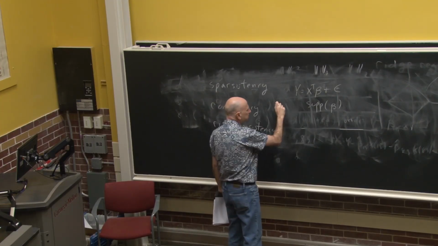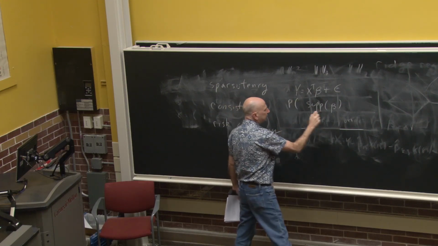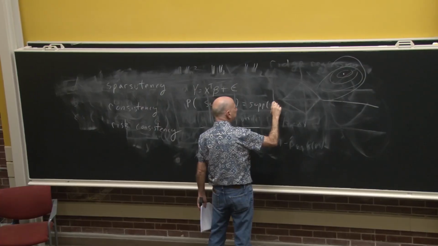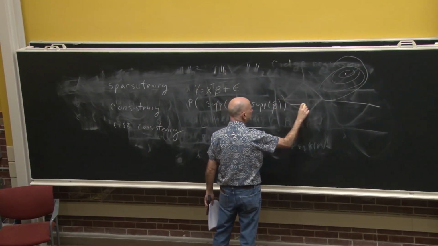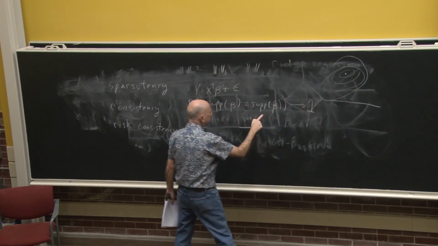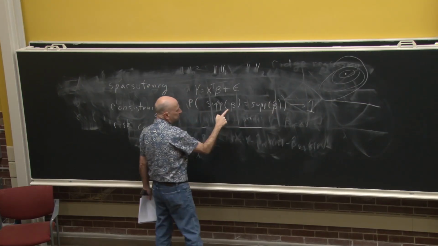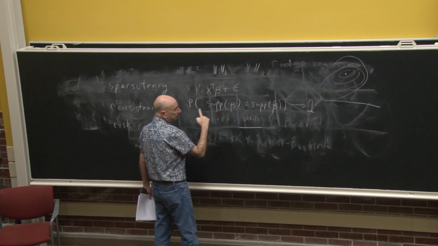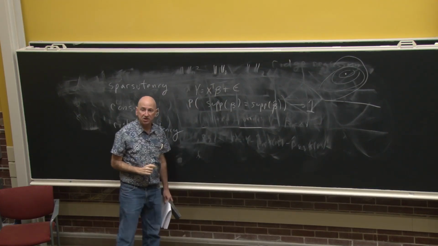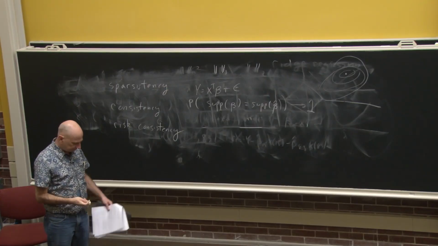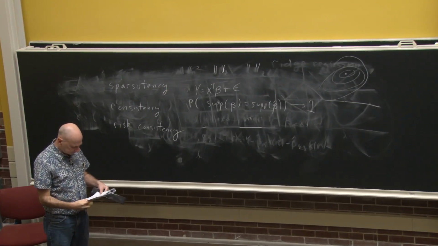Then sparsistency says that the probability that the estimator has the same support as the truth, the places where it's non-zero, goes to 1. Then we say it's sparsistent. It's getting the right sparsity pattern. And there's a lot of theorems about that. I've quoted a particular version.